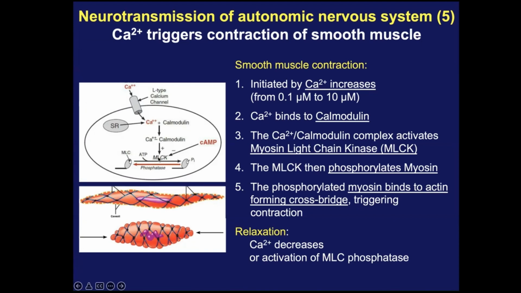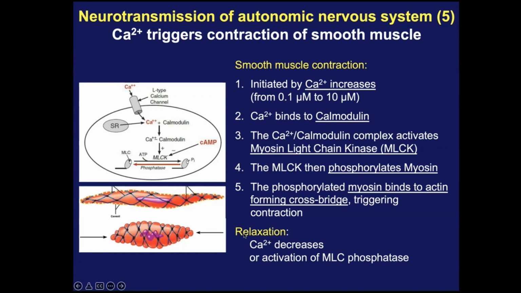When this enzyme is activated, it phosphorylates the myosin light chain, as shown here, this small white part, by adding a phosphate group, as shown here. When the myosin is phosphorylated, it will be activated, and it can bind to the actin filament to form the cross bridge to trigger the contraction of the cell. So the relaxed cell will start to contract and become this.